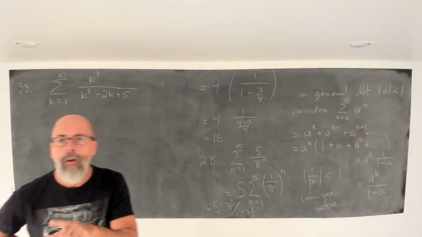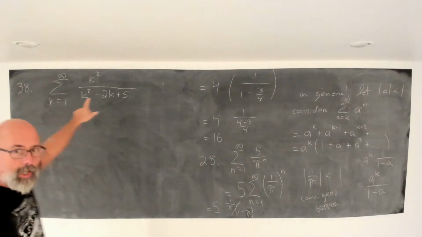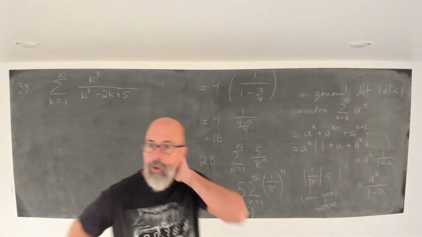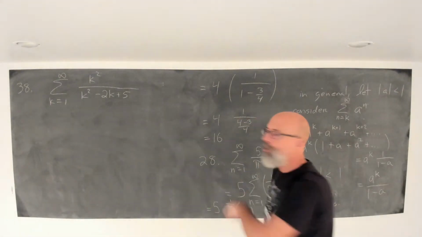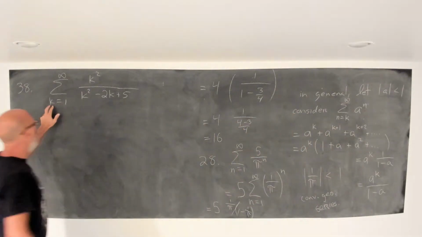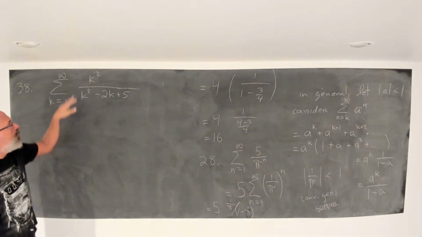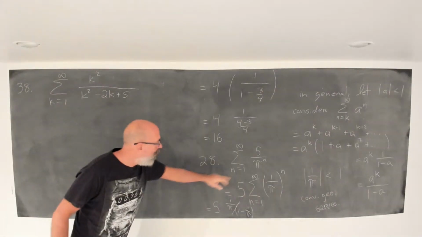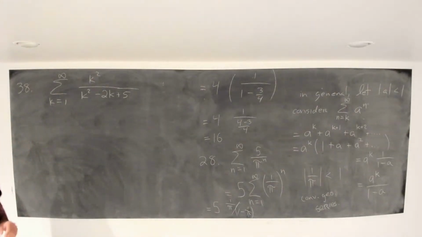All right. And Charles gave us the answer for 38. First of all, don't let the k fool you here. It's just a dummy variable, right? Whether it's n or whether it's k, it's the same thing.